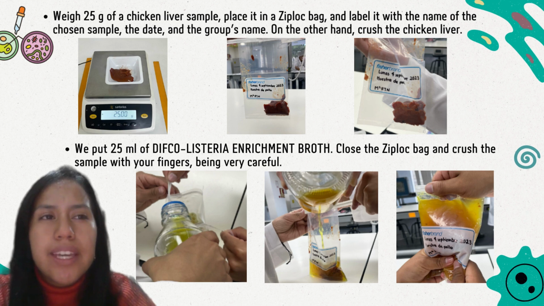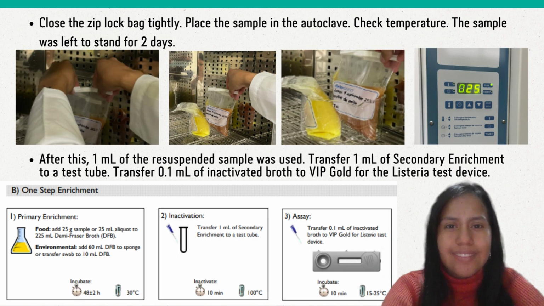We put 25 milliliters of DIFCO Listeria enrichment broth. Close the Ziploc bag and crush the sample with your fingers, being very careful to have a well homogeneous sample.